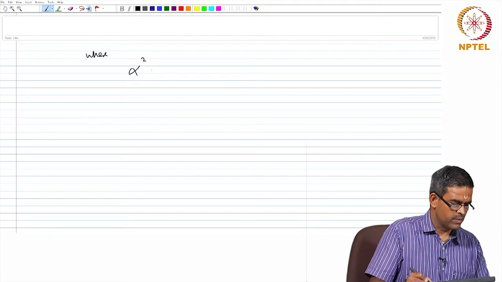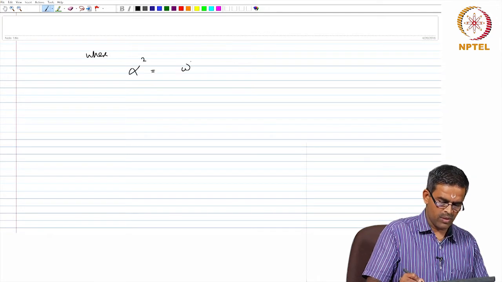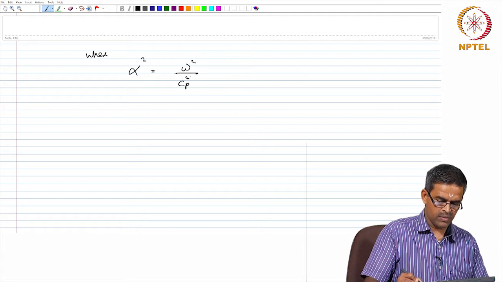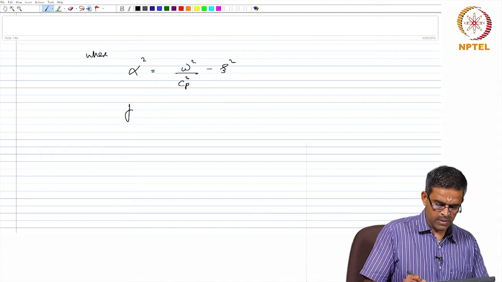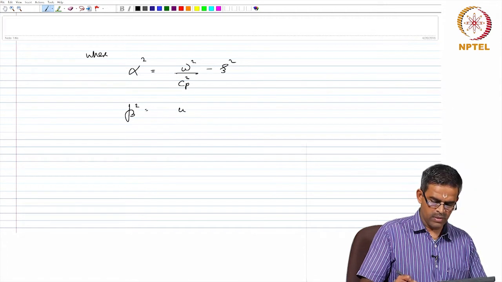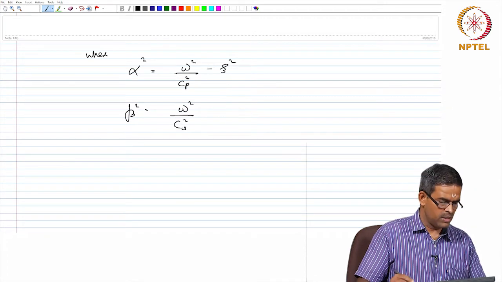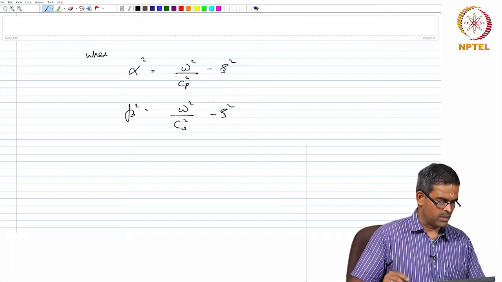Alpha square is omega square by C p square minus zeta square, and beta square is omega square by C s square minus zeta square.